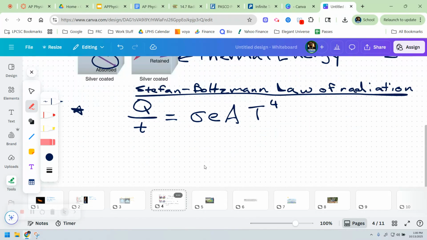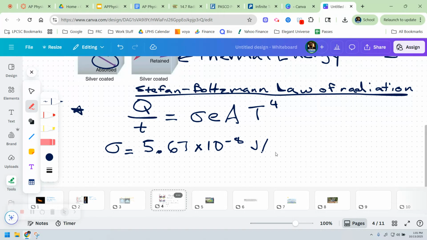Well, what does all this stuff mean? Well, sigma, that's the Greek letter sigma, is a constant, and that is 5.67 times 10 to the negative 8. And the units are wild.